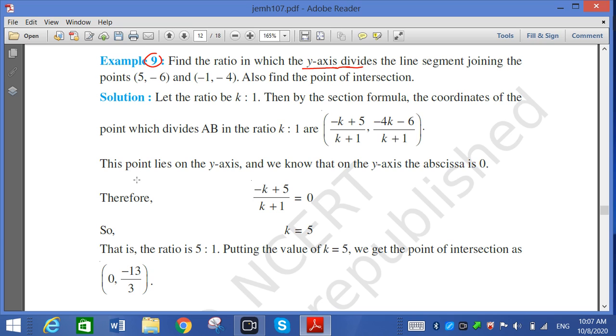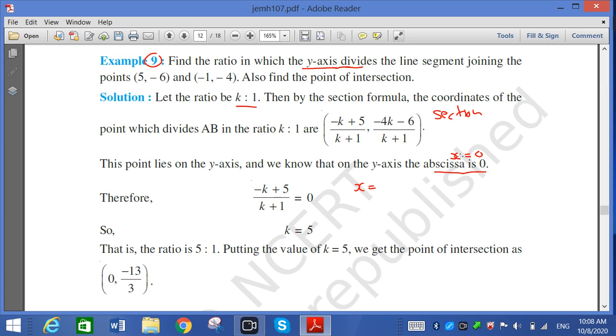Now first I have to write the section formula. It is also the section formula with ratio k:1, but we can take m1 ratio m2 because it is easy for us. So in the section formula, what do I have to write first?